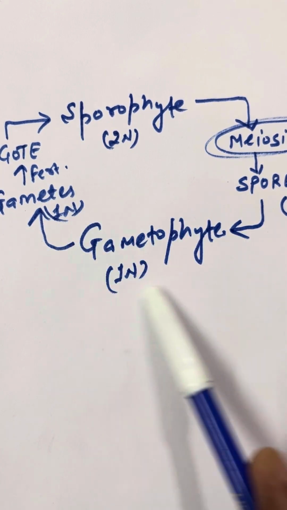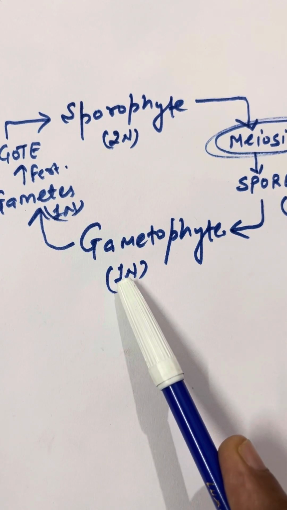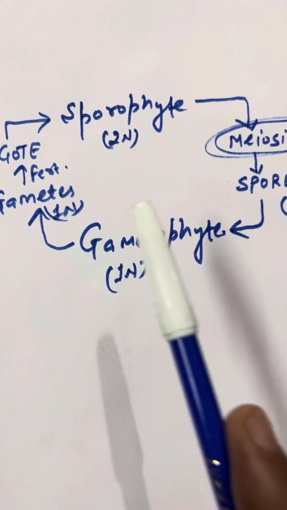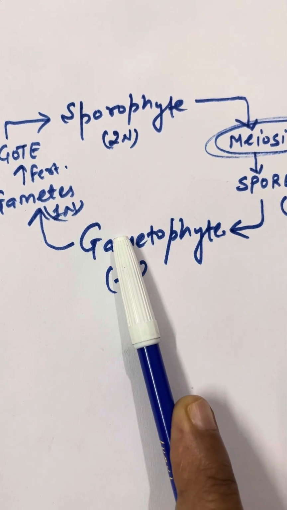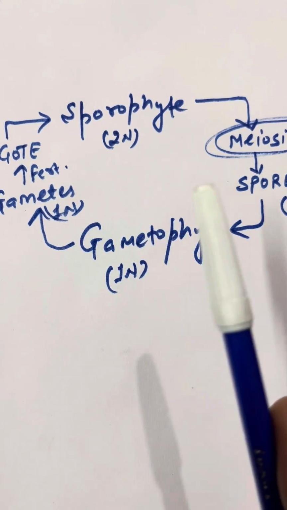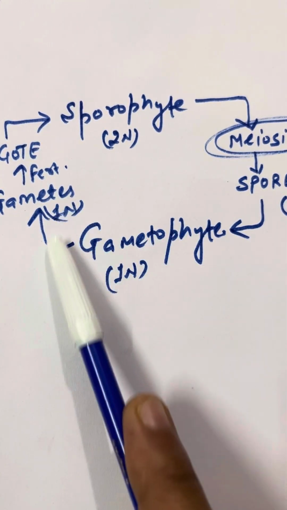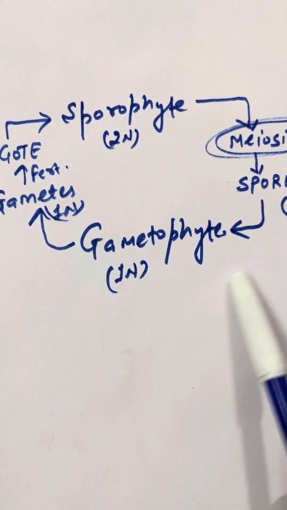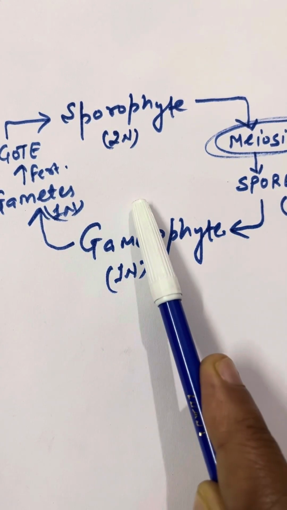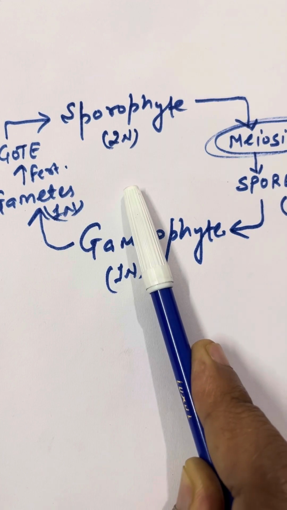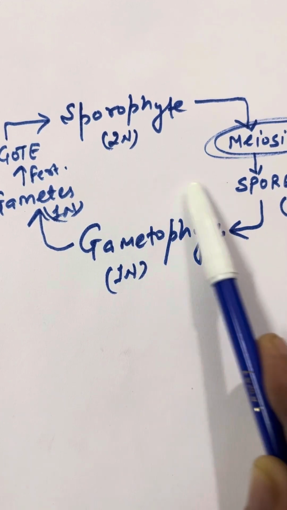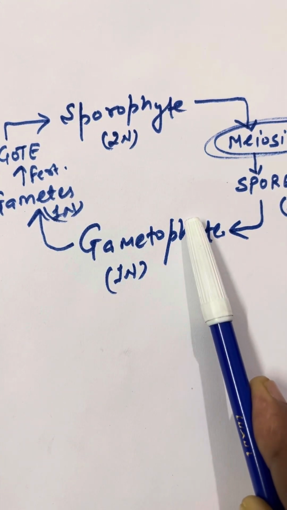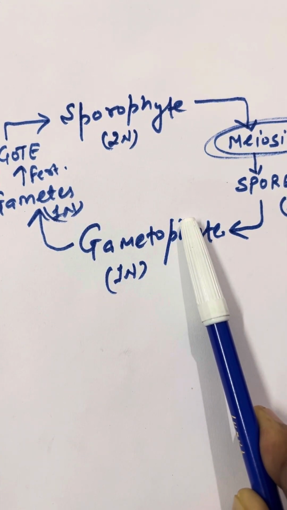In pteridophytes, it is there in the soil, but it is very small. In gymnosperms and angiosperms, this stage is not in the soil. It is just represented by a few structures, because gametes are to be formed by a gametophyte. Gametes cannot be formed in any other way.